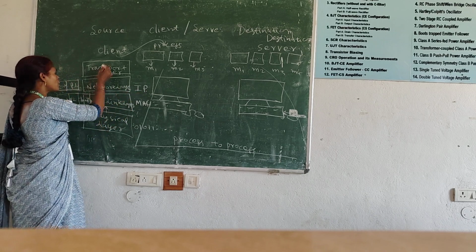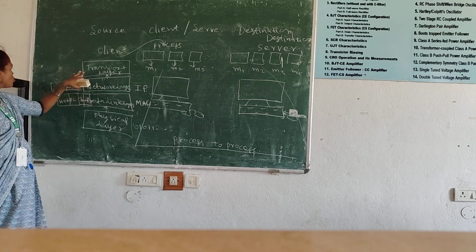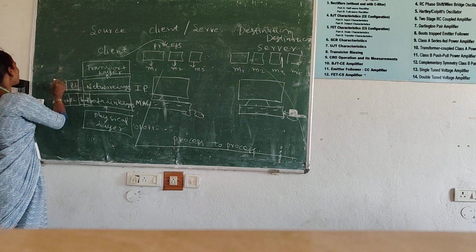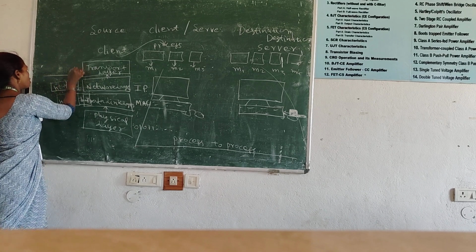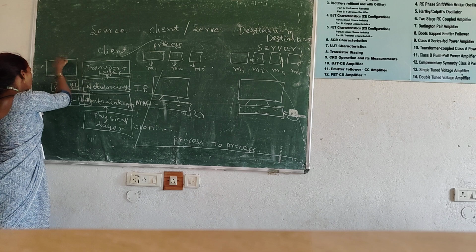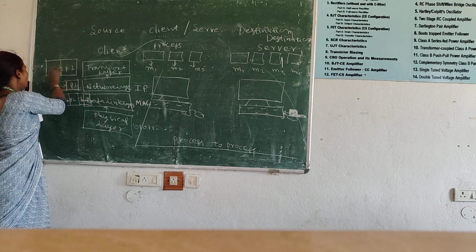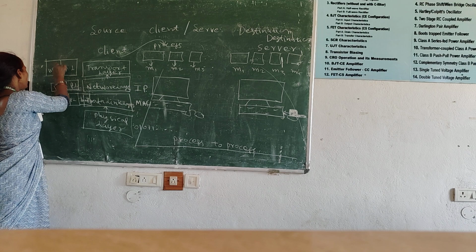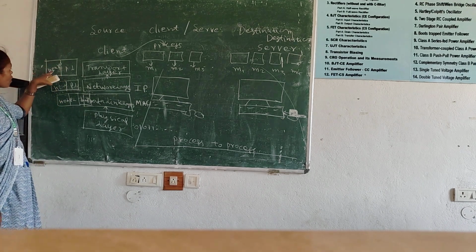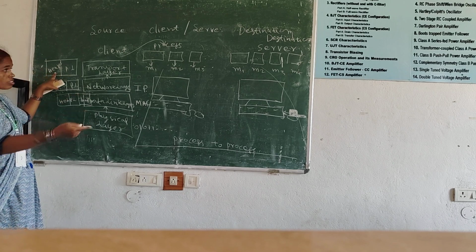When coming to the transport layer, what is the structure of the data format? Again the format is split into two parts: one is payload, another one is header. The header has source address and destination address.